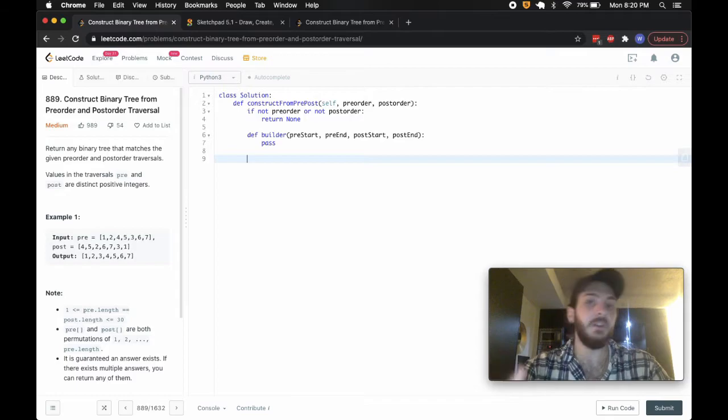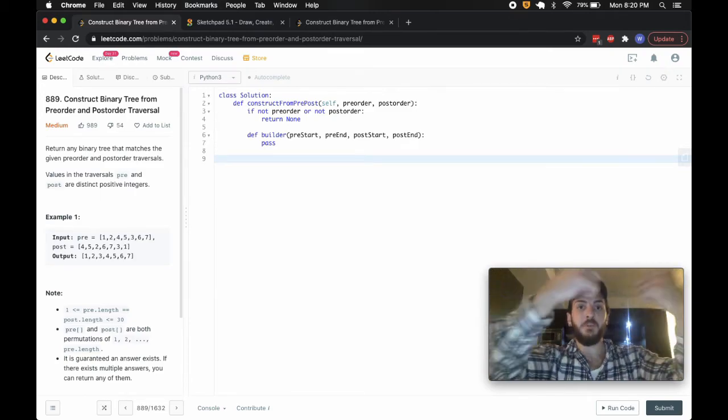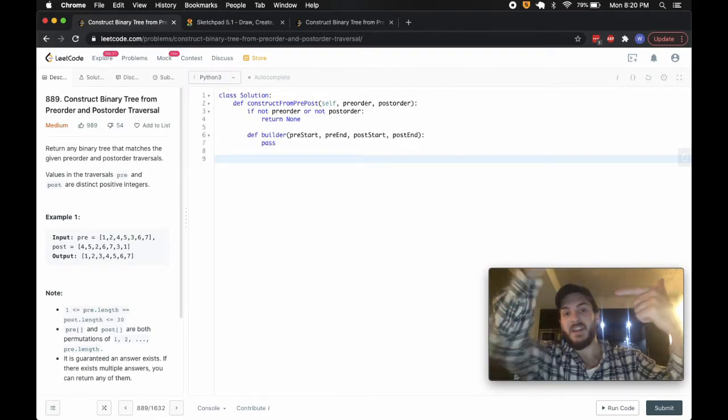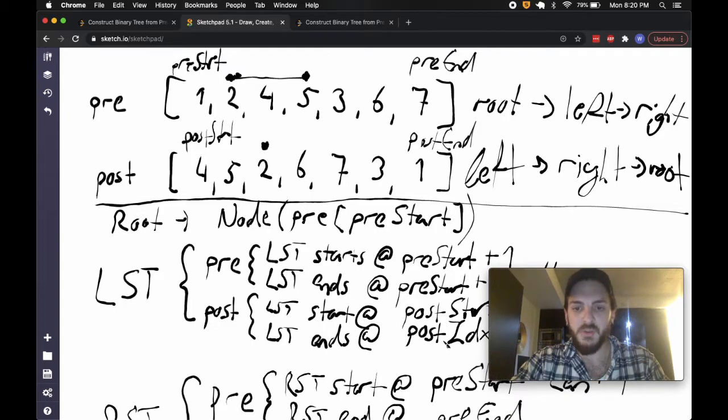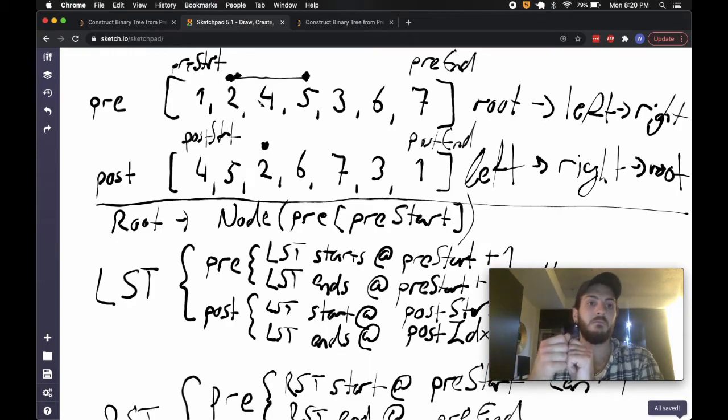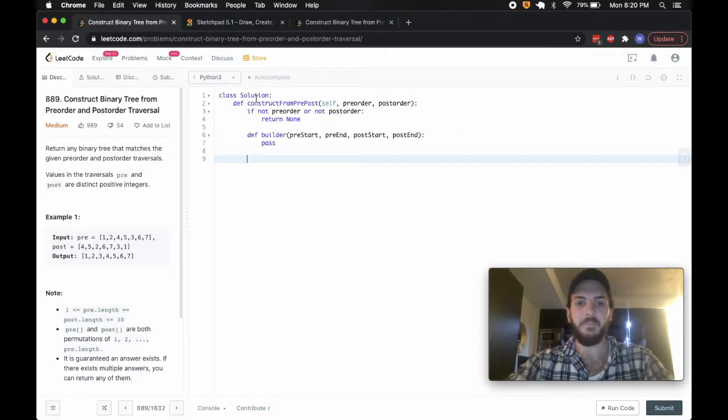And then like we did in the other videos, and I mentioned we would here, we're going to have to create some sort of mapping that'll help us find the values in the pre-order tree in constant time in the post order, so we can determine where those boundaries are going to be. That's where I referred to this post index and our ability to search up in constant time where we are in post order with respect to pre-order.